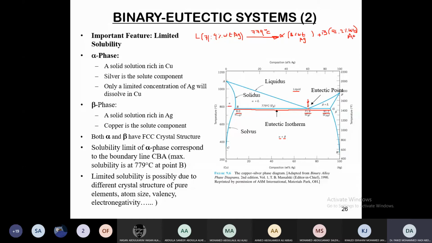So you can see we have developed the equation where we can show the eutectic transformation. Normally this equation is used in order to express the eutectic transformation which happens in binary eutectic phase diagrams.